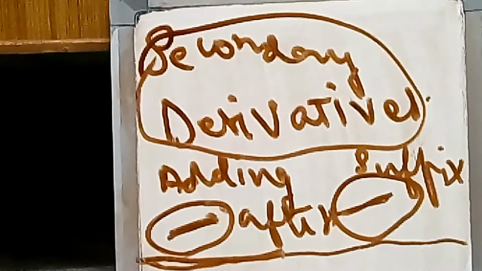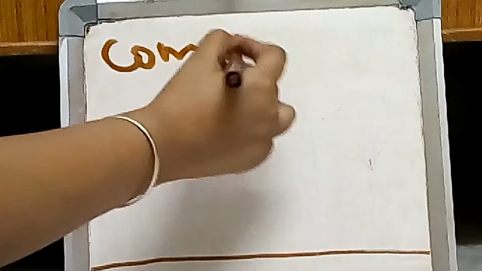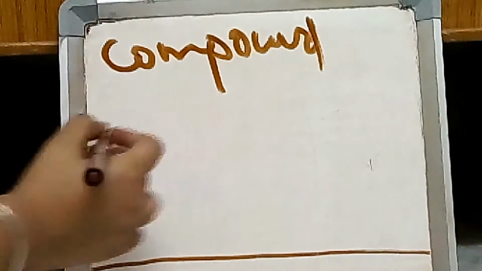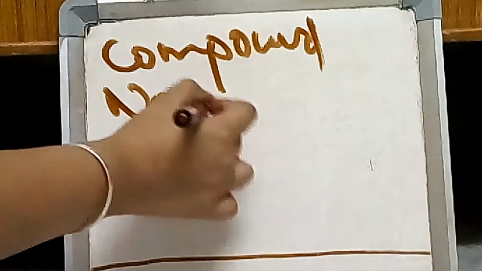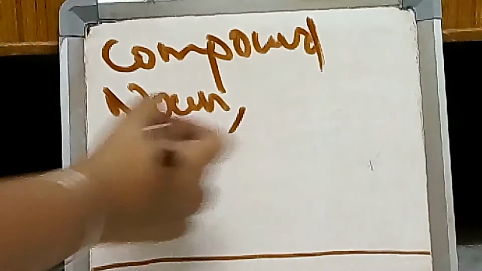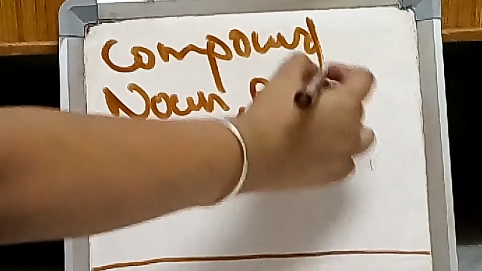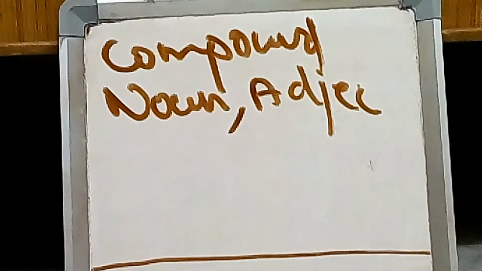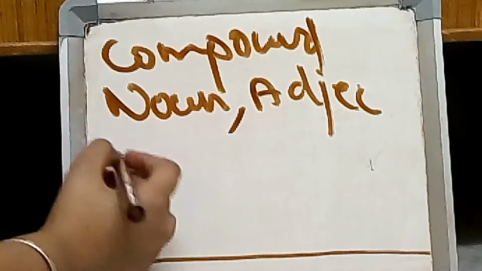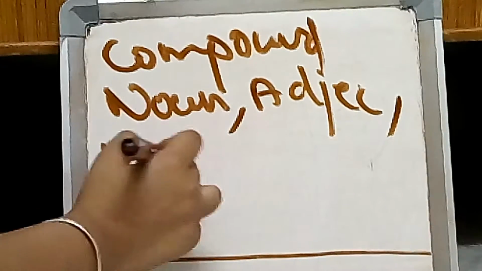So guys, as the first one we saw, compound has three more types in it, which are compound noun, compound adjectives, and compound verb.